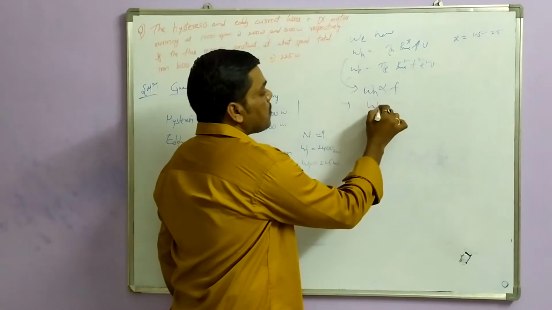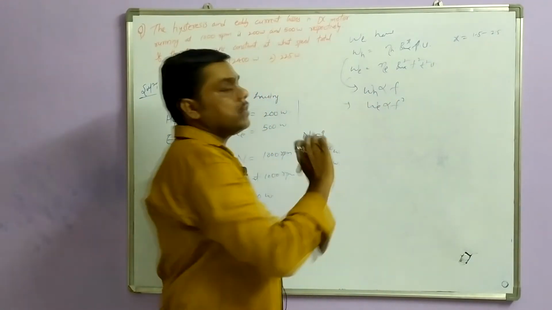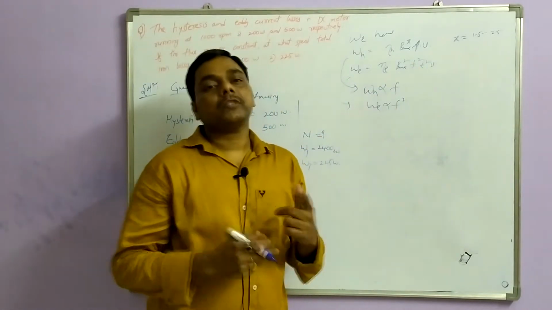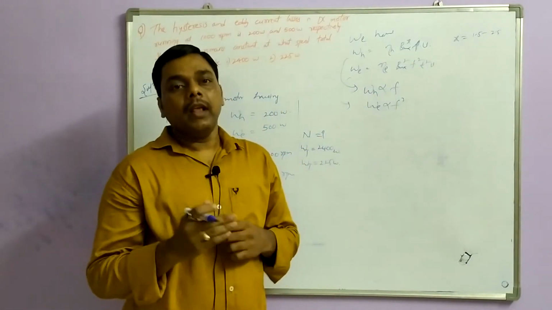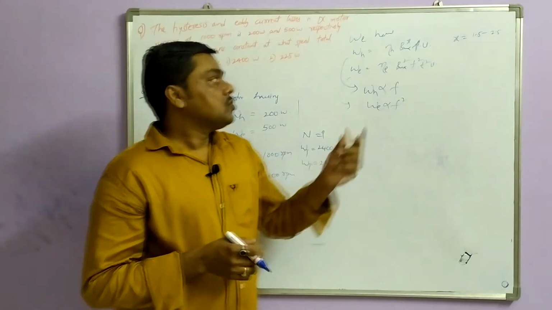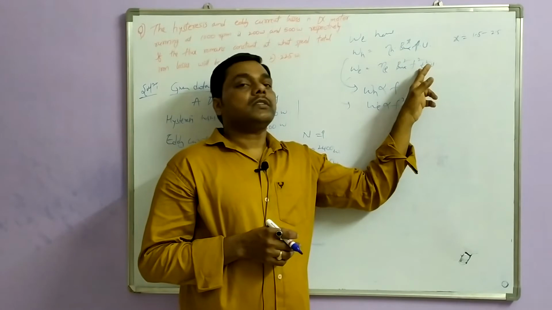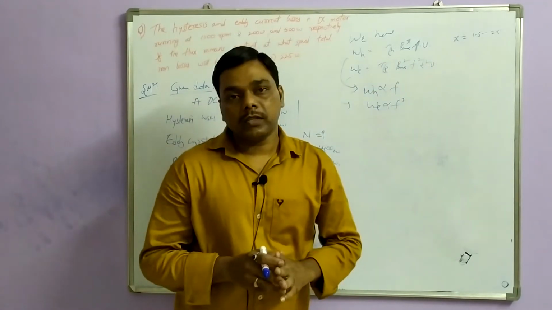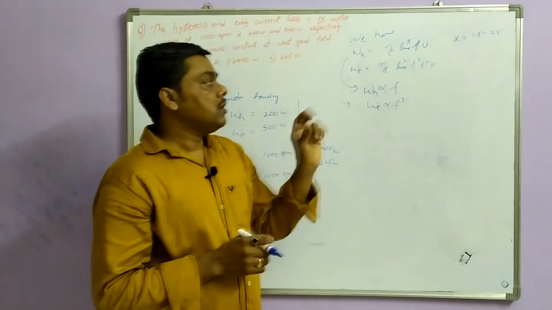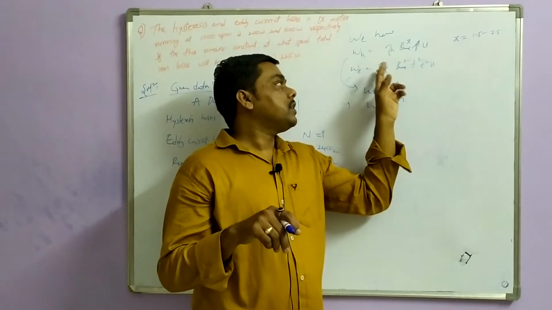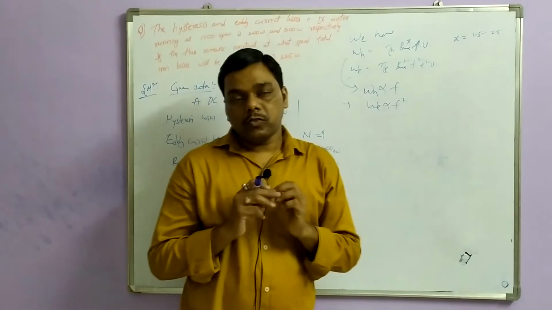Similarly, eddy current losses are proportional to frequency square. Now what are eddy current losses? These losses are nothing but circulating currents rotating in the laminations. So these losses also depend upon frequency and thickness, but thickness is fixed, the stampings are made, volume is also fixed, Bmax flux is constant, and eta E, the Steinmetz constant, is also fixed.